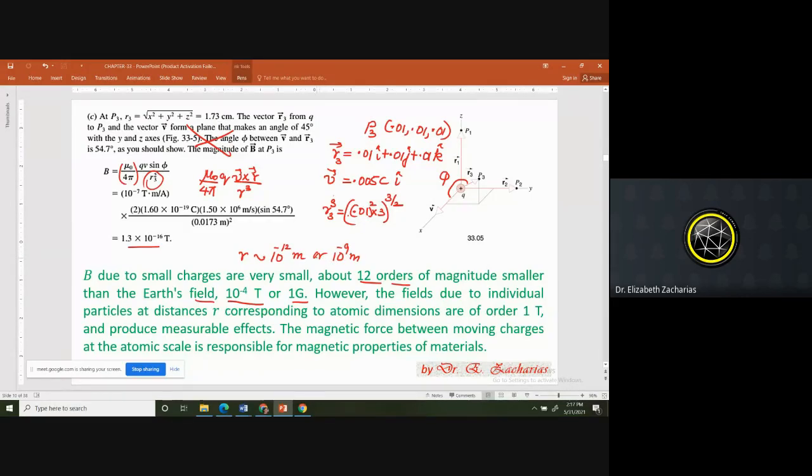Then what will happen? Then look at this. In the denominator of the equation, if you have 10 to the power of minus 12 and you square it, when it goes to the numerator, what will you get? 24. Plus 24 Tesla.